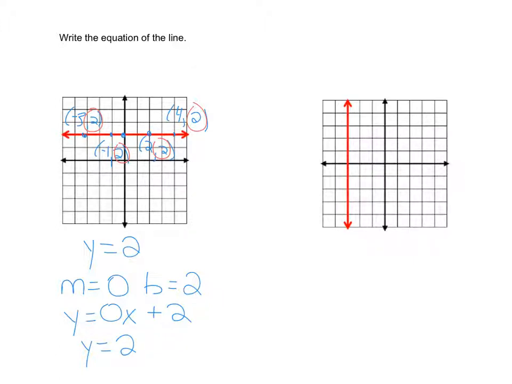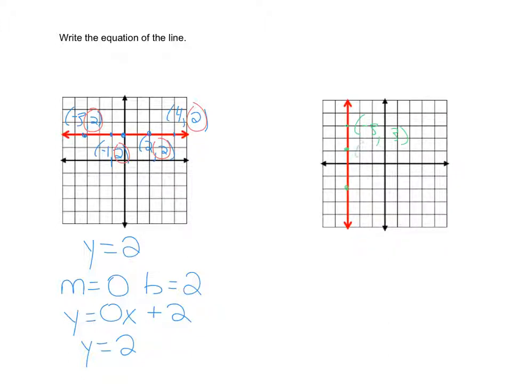A vertical line, like we're going to look at next, doesn't work in slope-intercept form because its slope is undefined. So we have to look at the coordinates of the points, but it's going to be very similar to the horizontal line. If we pick a few points here, the coordinates of this point are -3, 3.